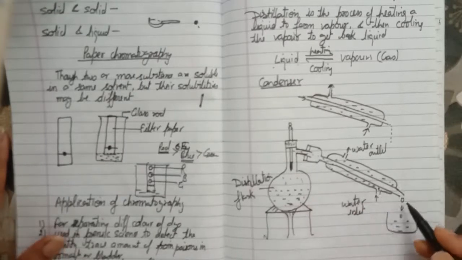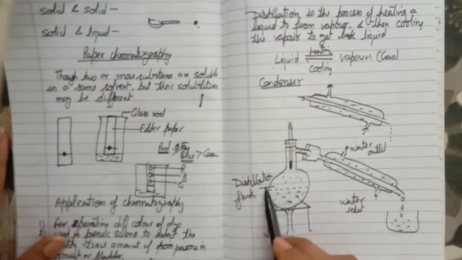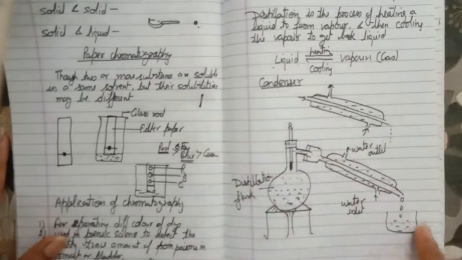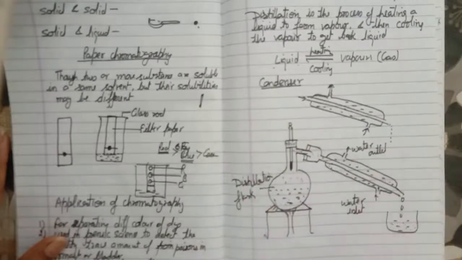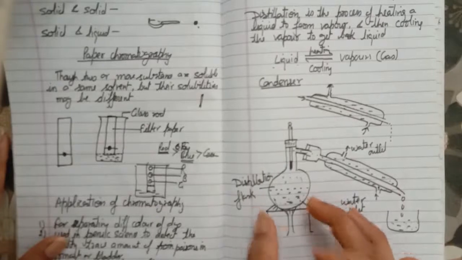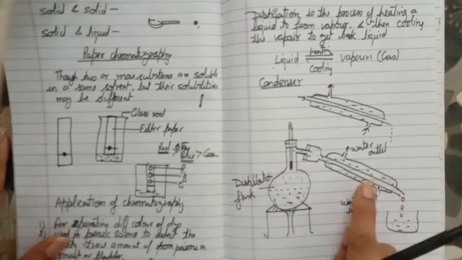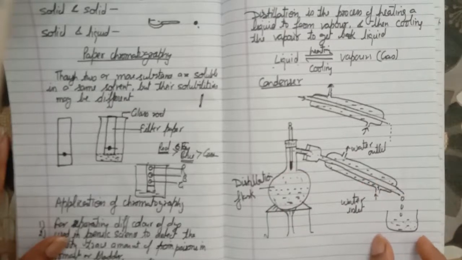So we can collect the distilled water here, and the salt will be left behind in this round bottom flask. This is the process of distillation, and this is the apparatus we use, in which we need a distillation flask, a burner, a thermometer, a condenser, and a beaker in which we can collect the distilled water.